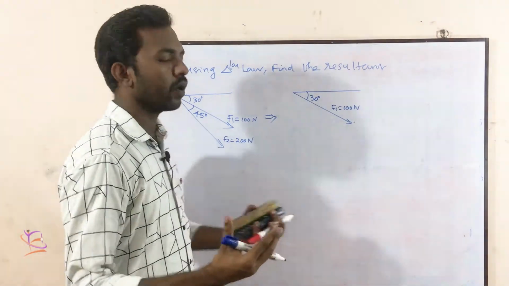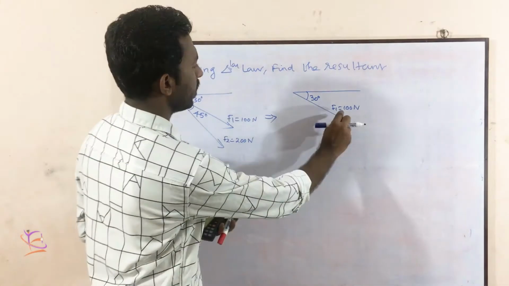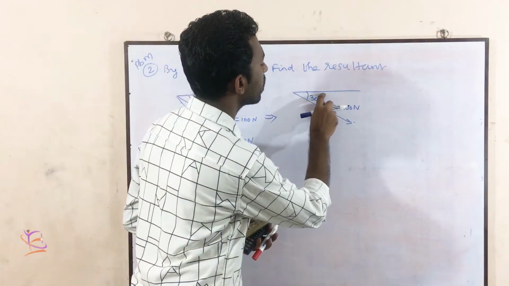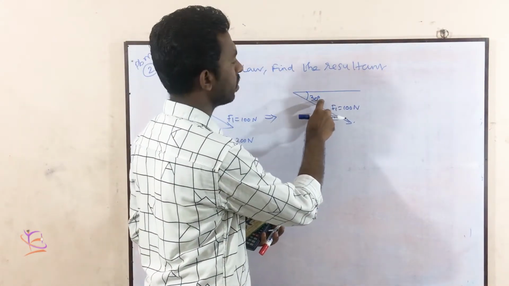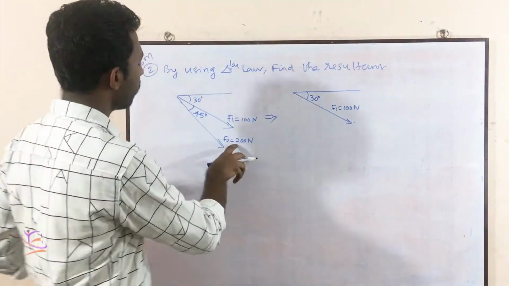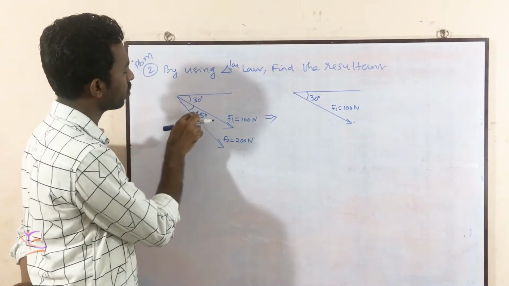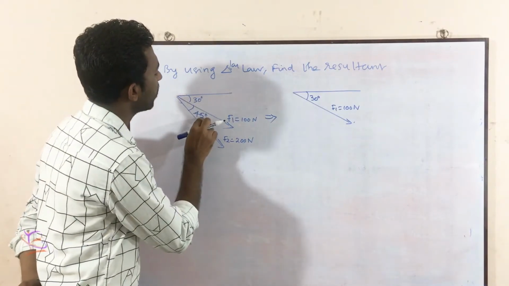Now we have to use the same basic reference line. Here F1 we are taking the angle from the ground, that is 30 degrees. For F2 also you have to take the angle from the ground. So from the ground it is 75 degrees.